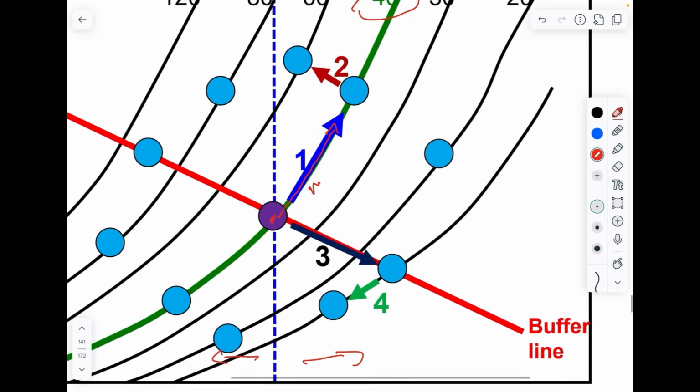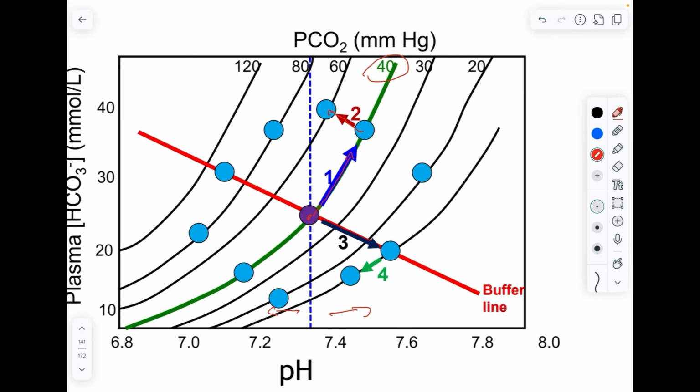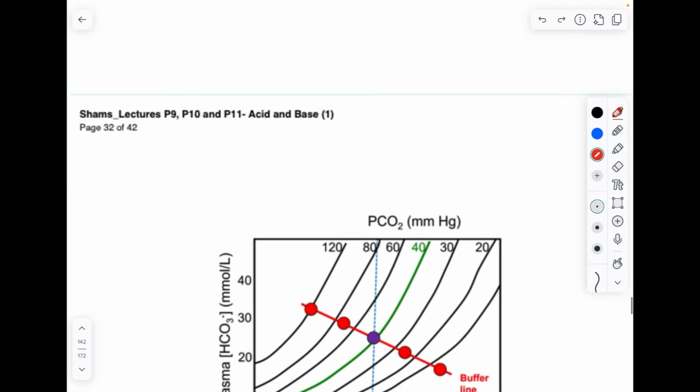So this is metabolic alkalosis. How will that be compensated? As we said, reverse the whole thing: respiratory acidosis. And this is exactly what's happening here. Between this and this, we have a lower pH, so it's acidosis, and it's respiratory because PCO2 changed. And this is the same, but it was respiratory alkalosis, and then it became metabolic acidosis.